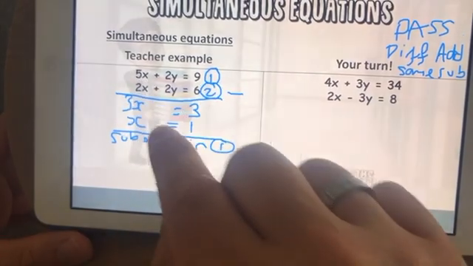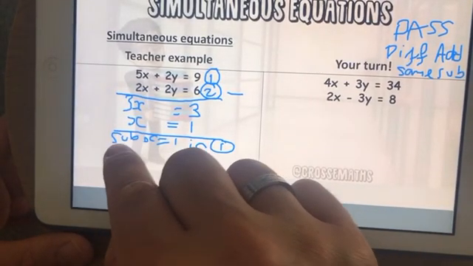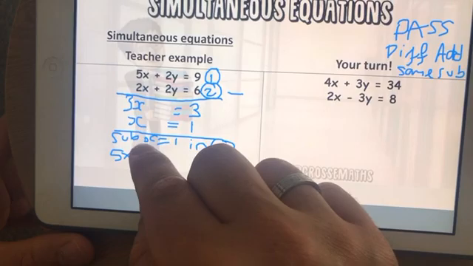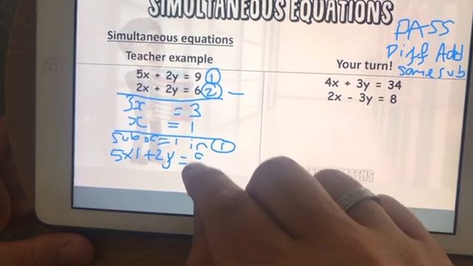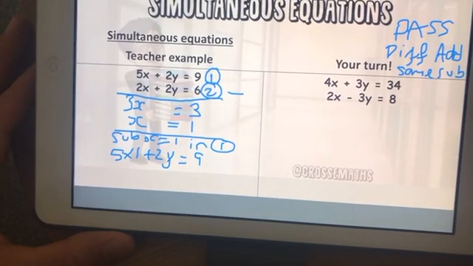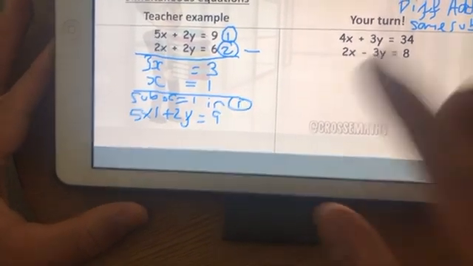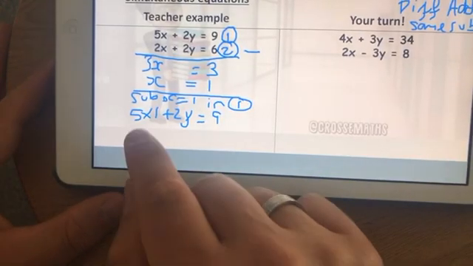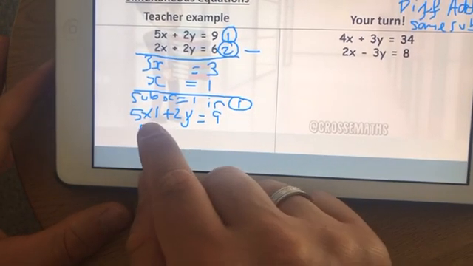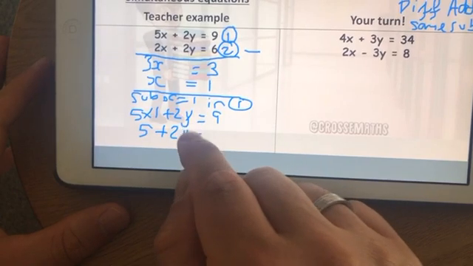I've got 5x, so 5 times 1, plus 2y equals 9. So I've done exactly the same steps as before. I'm substituting x is 1 into the first one. 5 times 1 is 5, plus 2y equals 9.